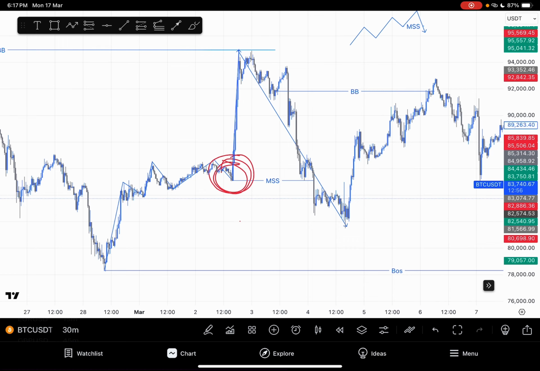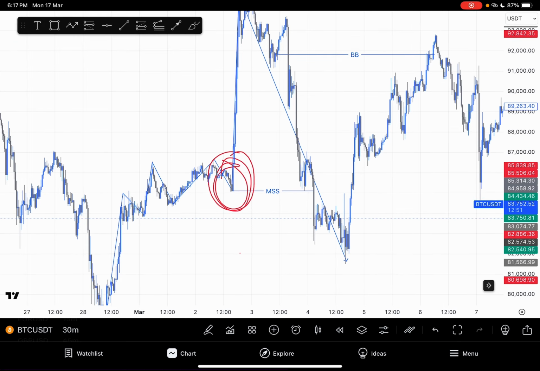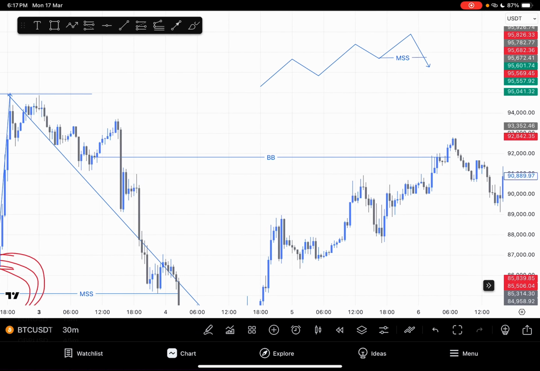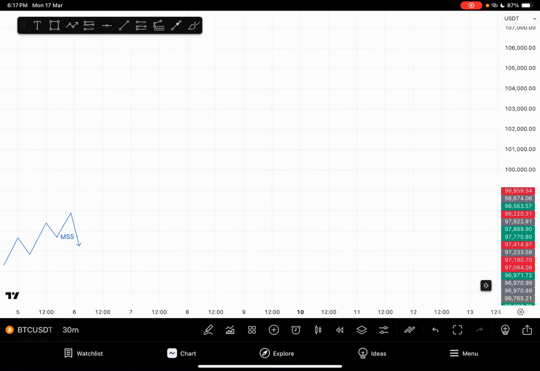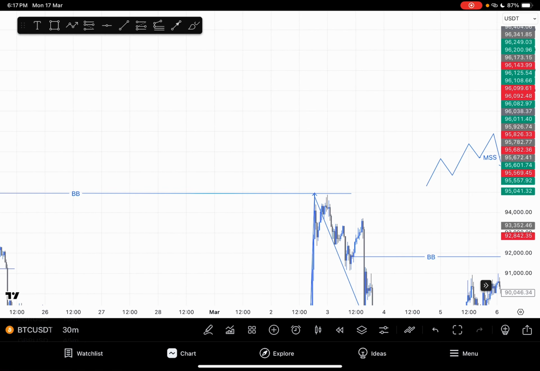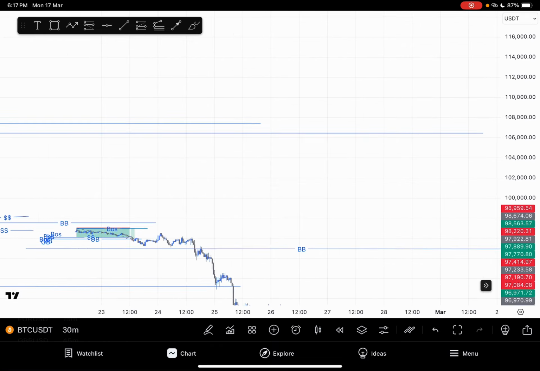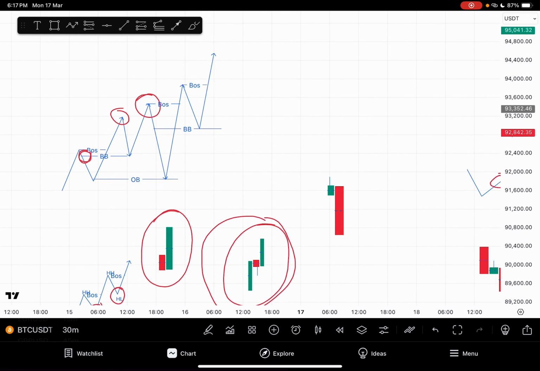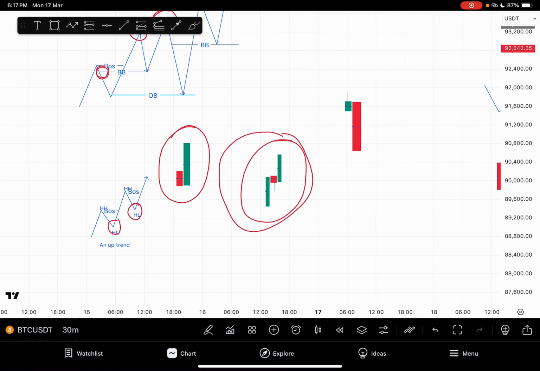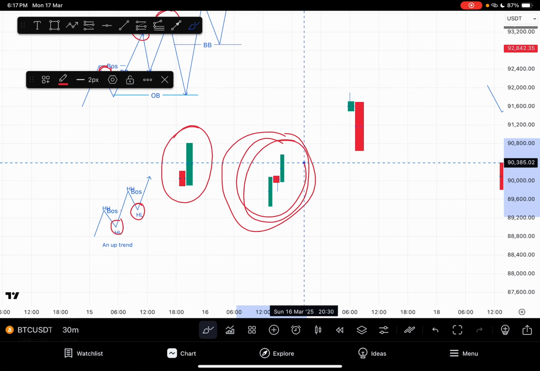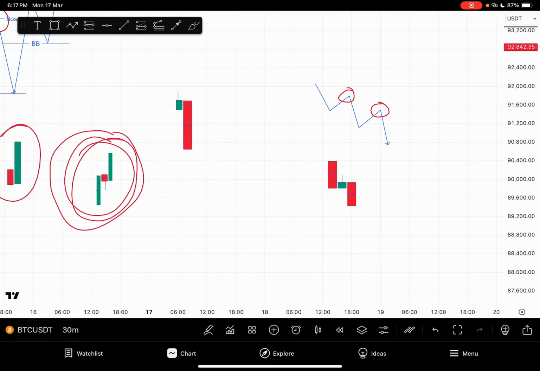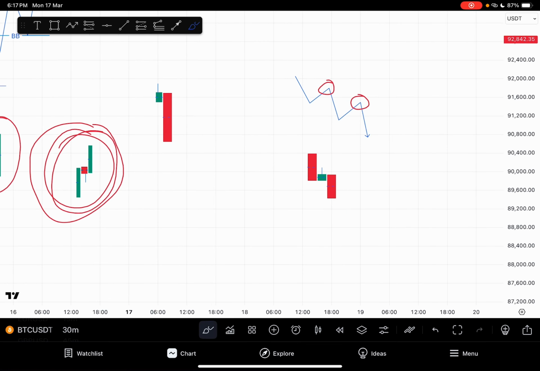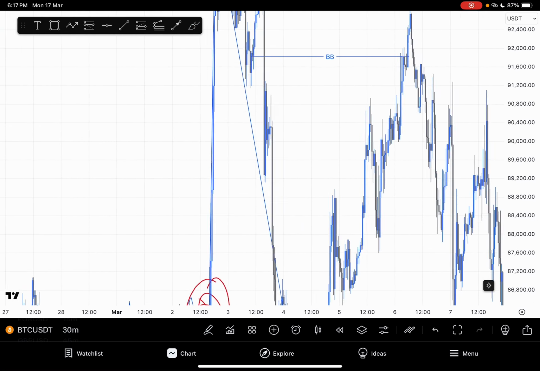You either look for a breaker block or you look for an order block. So now if you look closely at this point here, from this example of this type of order block and also this type of order block here, you can spot it after the market structure shift here.